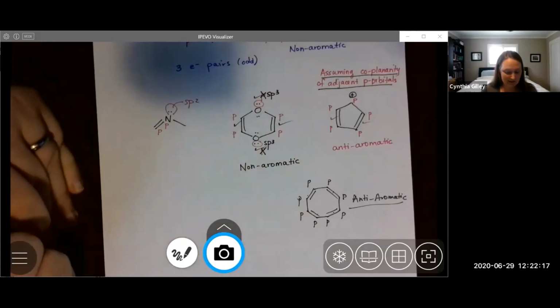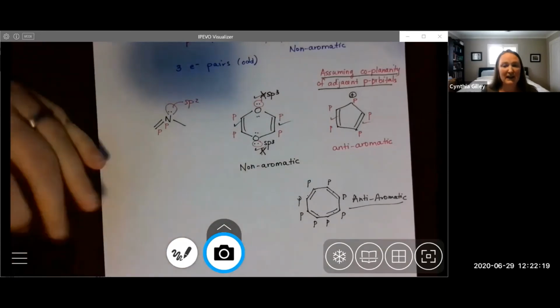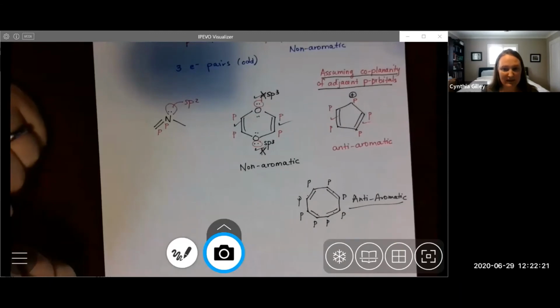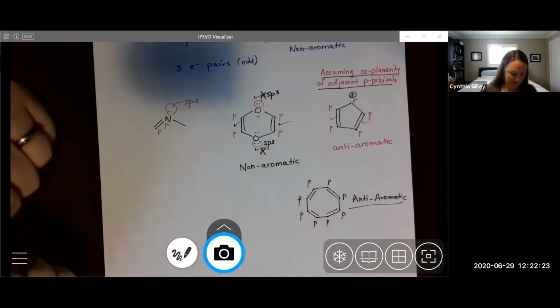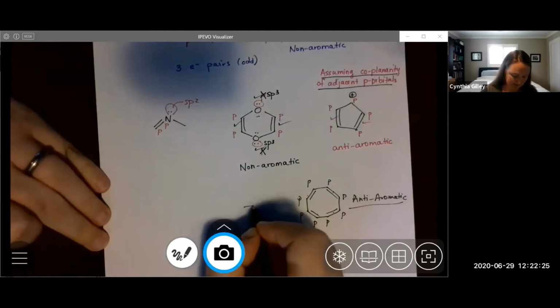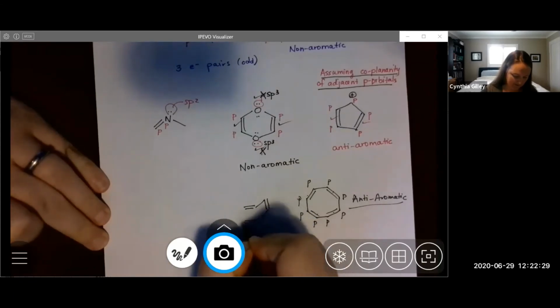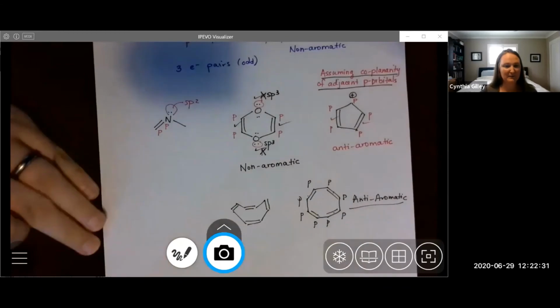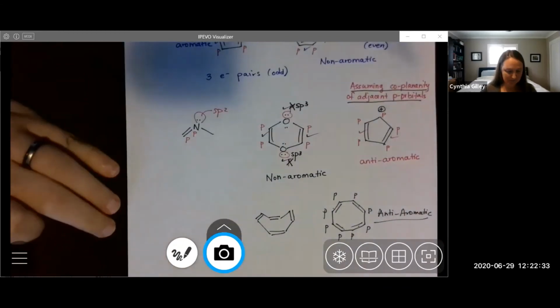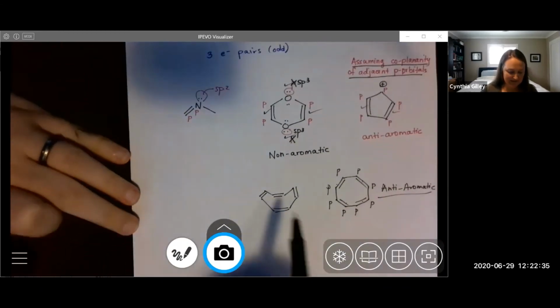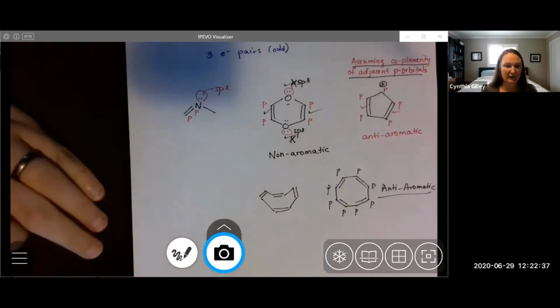Of course, the book talks about how cyclooctatetraene is not really planar. I'm not going to be able to draw a nice picture of this for you. It's like a tub shape or something. It exists in a non-planar conformation in order to avoid being anti-aromatic.